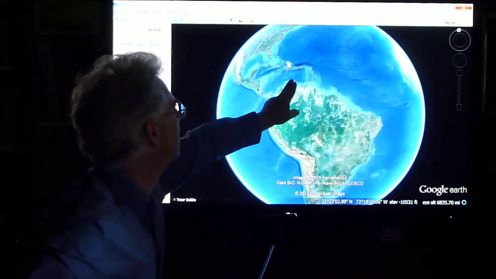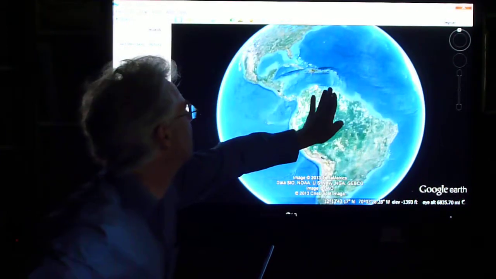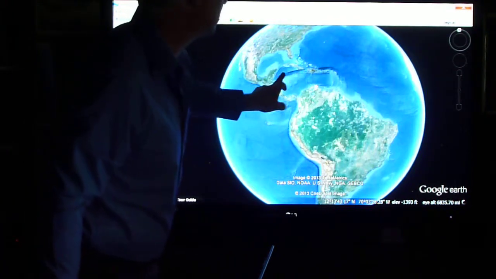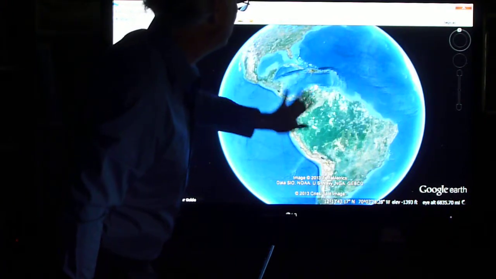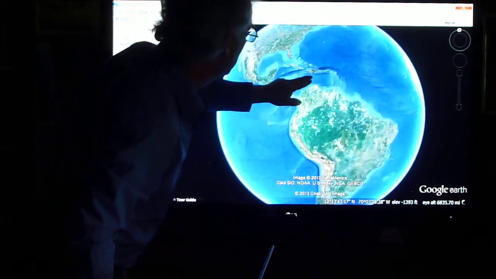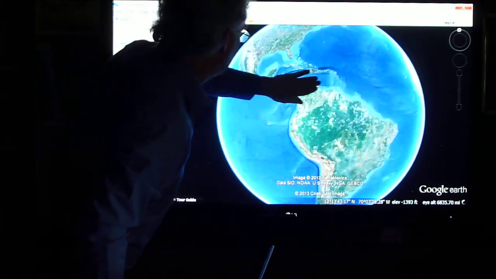It comes up to about here, where it starts to shove over this way, which is why you have this big subduction here as it hits this plate region, and starts to move over this way.